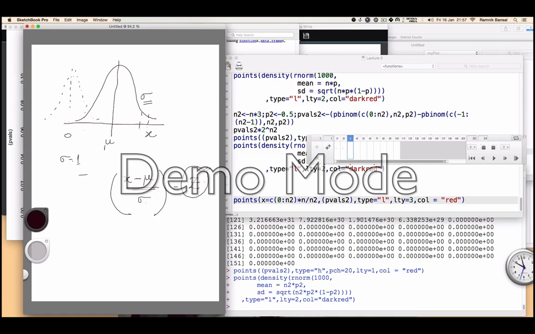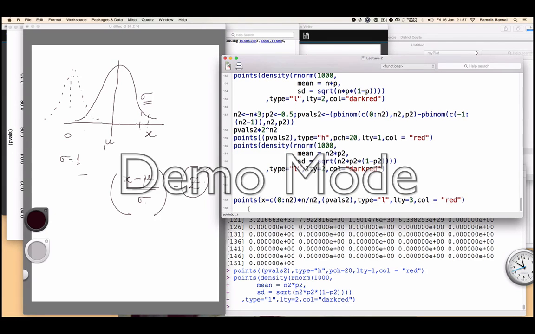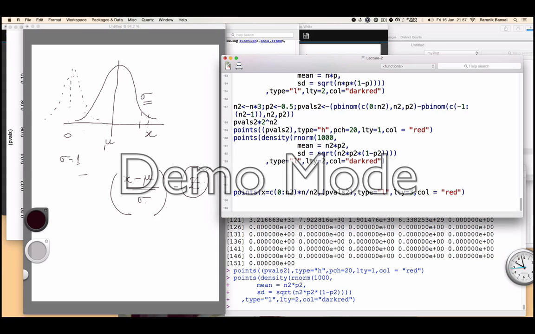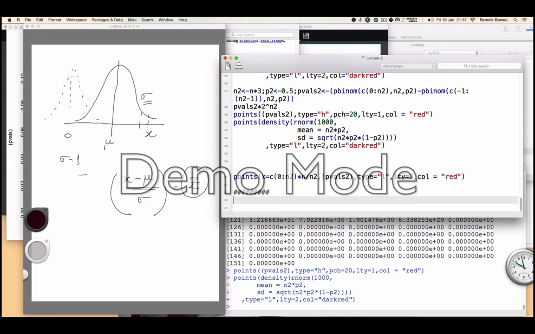All right, so let me show you the standard normal distribution part. How we'll do it is, I'm going to generate random numbers and we will plot them, same thing like here.